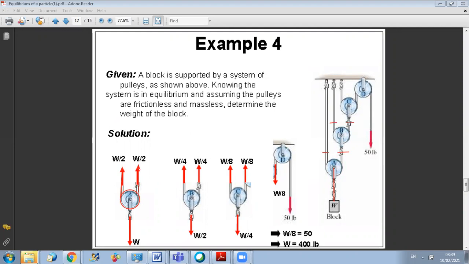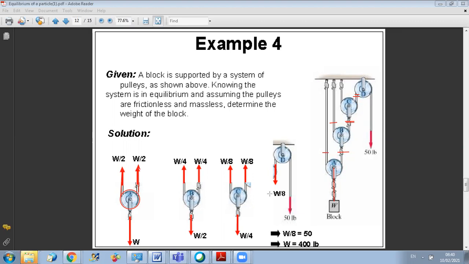And since here I have W over 4, when I isolate C, the two upward forces will each be W over 8. And finally, since at this level the force is W over 8, this force is equal to 50. So I end up with W over 8 equal to 50. Then I deduce that W is equal to 400 lb, and I get the same result we did together.